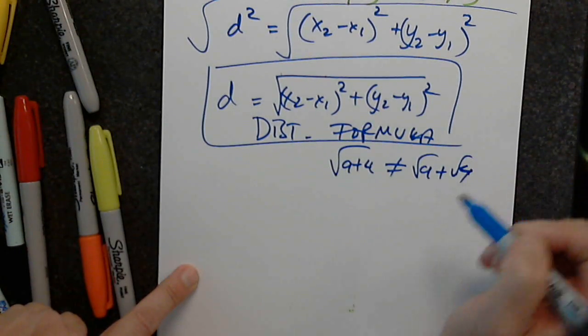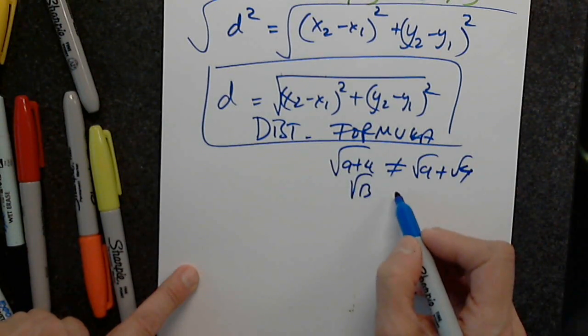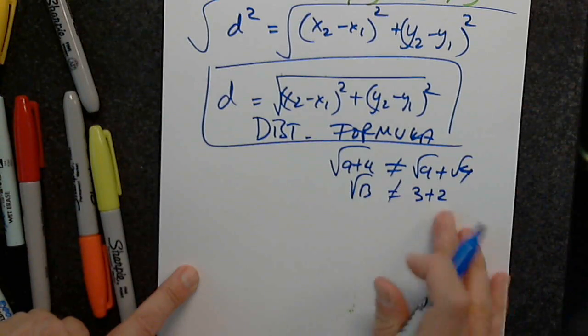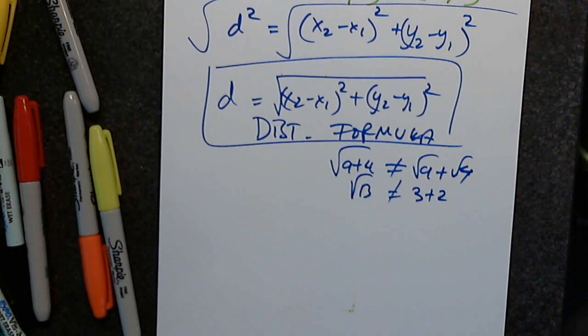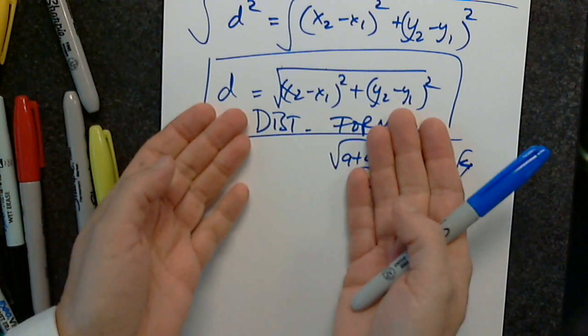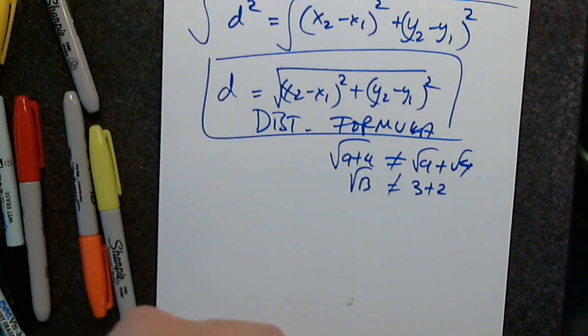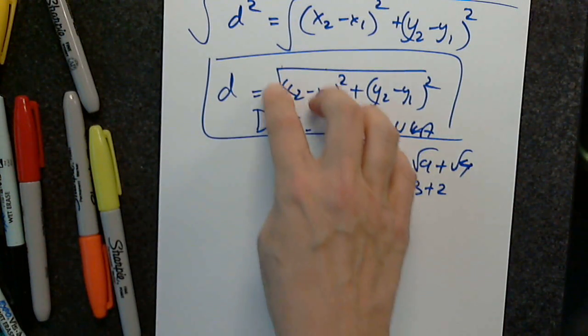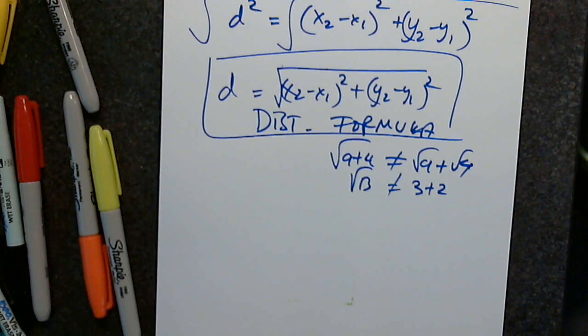This is the square root of 13, and this is 3 plus 2. The square root of 13 does not equal 3 plus 2. That's a counterexample, showing you that you were correct by not saying go ahead and simplify, because we cannot. So you cannot write the square root of this plus the square root of this. Not allowed.